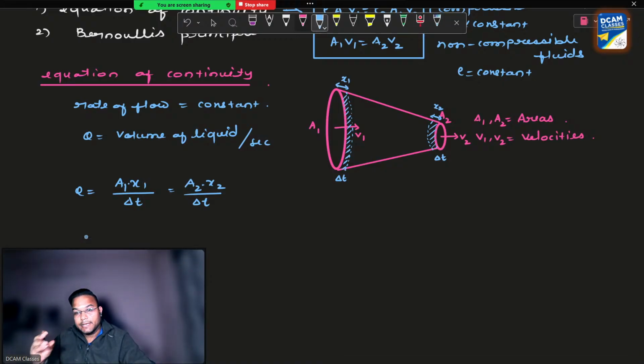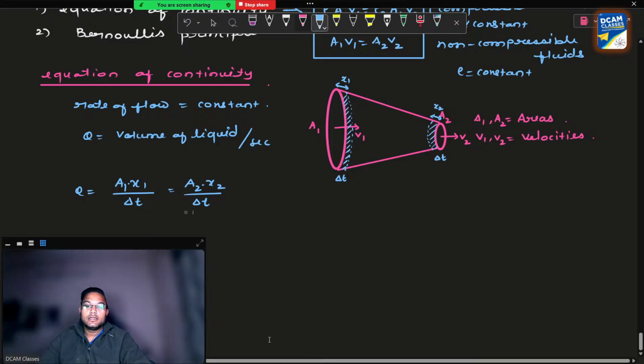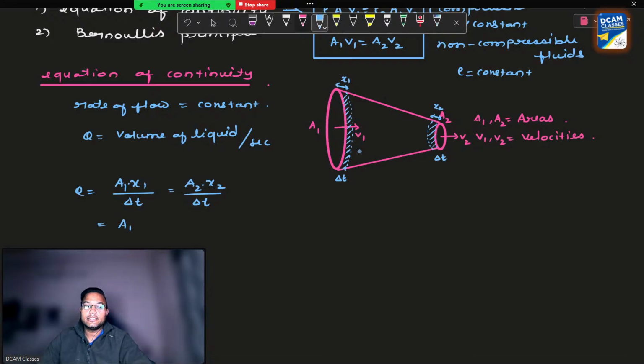Now the same amount of liquid which has entered is flowing out, so x1 by delta t will be what? Velocity. So I can write this as A1 into velocity V1 is equal to A2 into velocity V2. That's why this equation of continuity comes. This is the explanation for why the equation of continuity arrives: A1 V1 is equal to A2 V2.